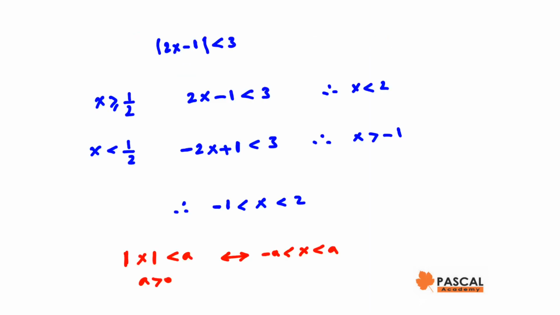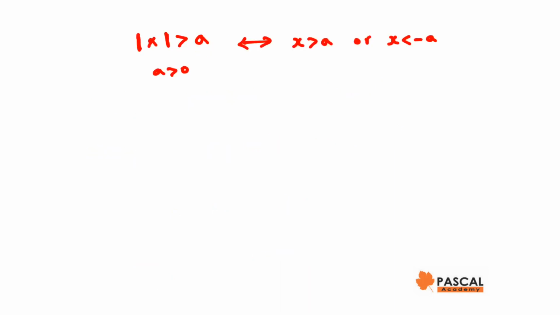If a is negative, absolute value of x smaller than a is impossible, and if a is negative, absolute value of x greater than a is always possible. That means the solution set of that is all real numbers.